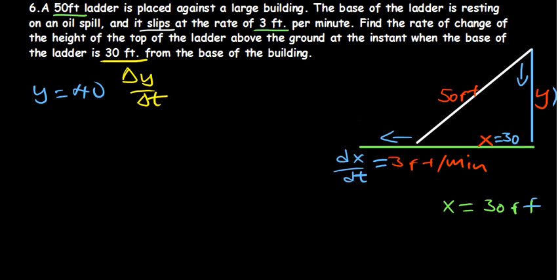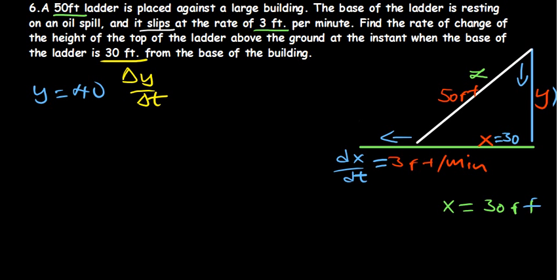Okay. So now our goal is to find the rate of change of y, which is representing the height of the building where the ladder is leaning against. Okay. So if we try to write the equation again, we'll take the hypotenuse, which is the length of the ladder, to be, let's say, z.